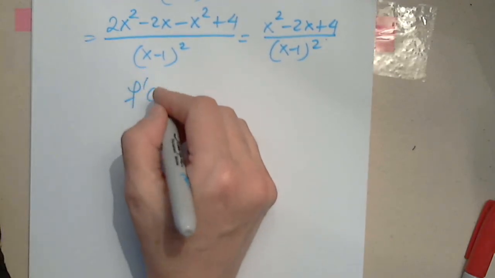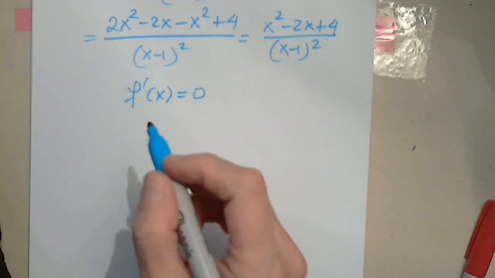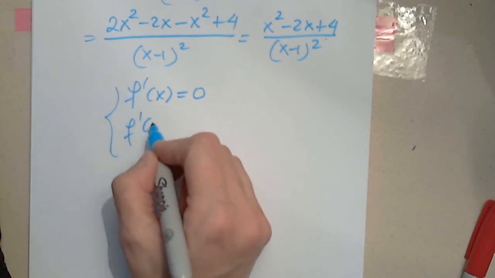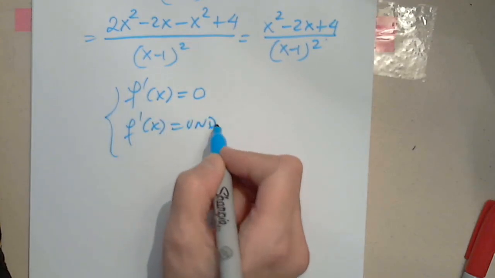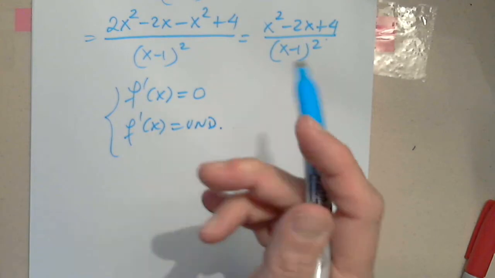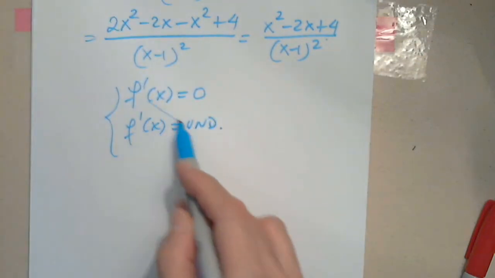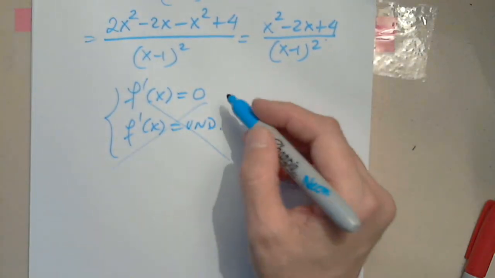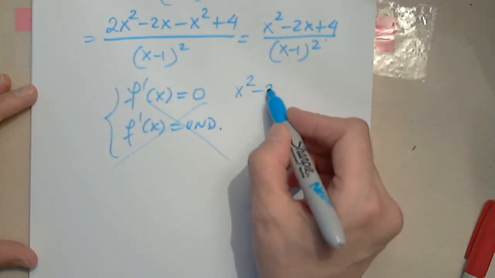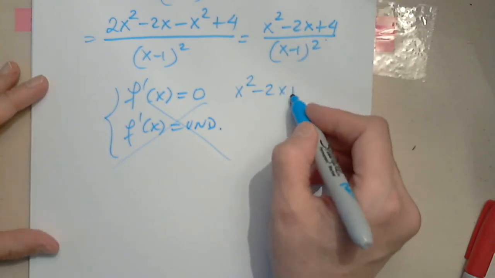Critical numbers occur when this is 0 or when this is undefined, but the function is too. This is undefined at 1, but so is the function, so no critical numbers come from undefined. And let's see if critical numbers come from the numerator being 0.